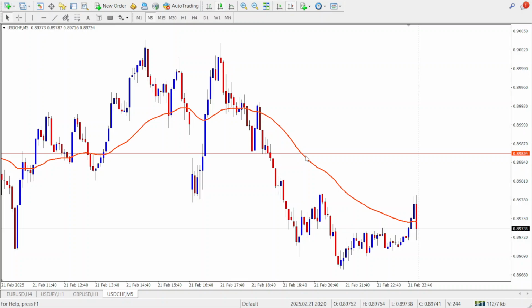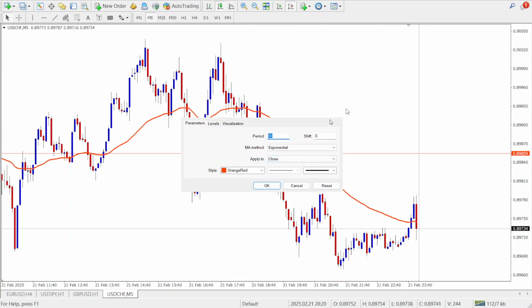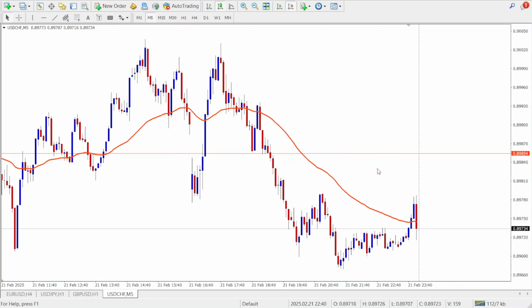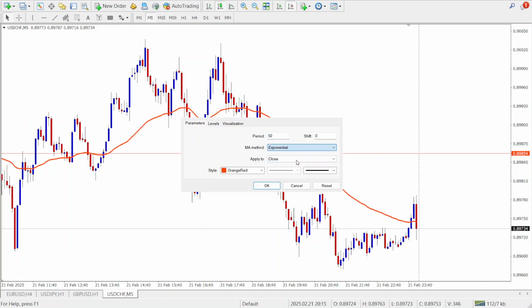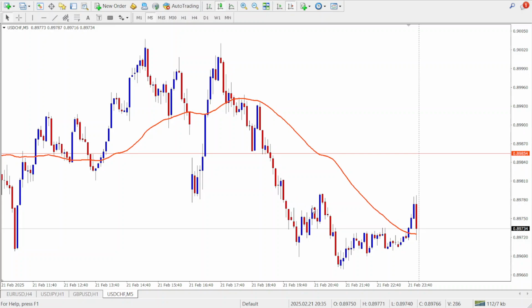The EMA, the exponential moving average, places more emphasis on recent price action, making it more responsive to recent market movement, while the SMA gives equal weight to all prices within the selected period.